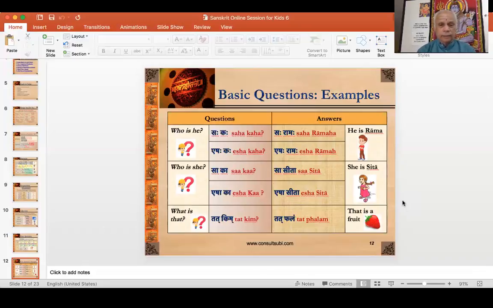She is Sita. And if you want to say something, what is this? Tat kim. If it's a fruit, you say tat phalam. That is a fruit. Tat lekhani. It is a pen or a pencil.